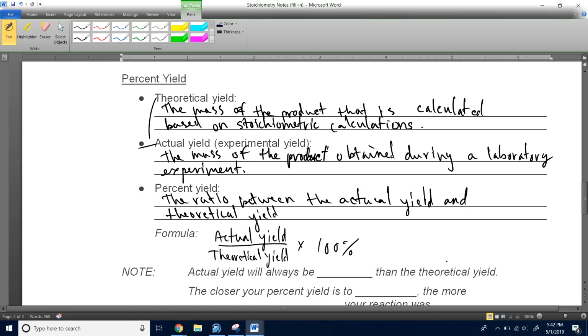Okay, and then when we do this, our final answer will always be in a percentage.